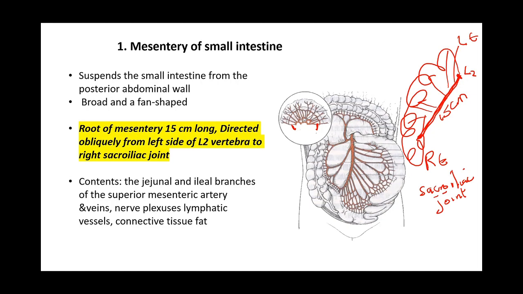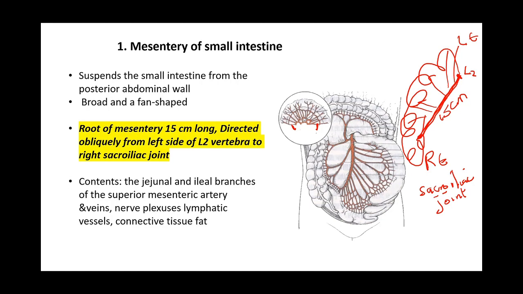Contents: the jejunal and ileal branches of the superior mesenteric artery. What are the branches of the superior mesenteric artery? Superior pancreaticoduodenal artery, intestinal arteries, which are jejunal and ileal arteries.